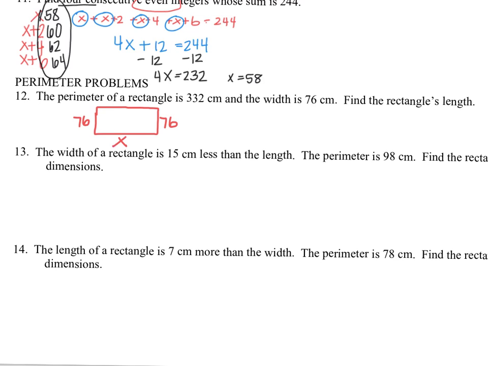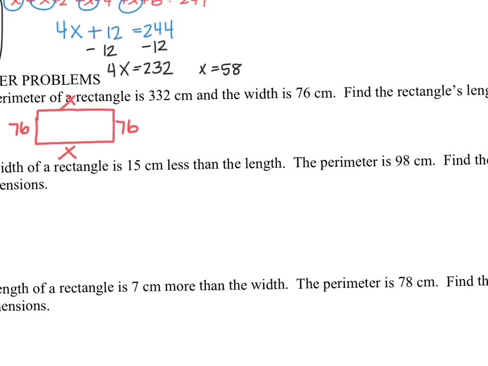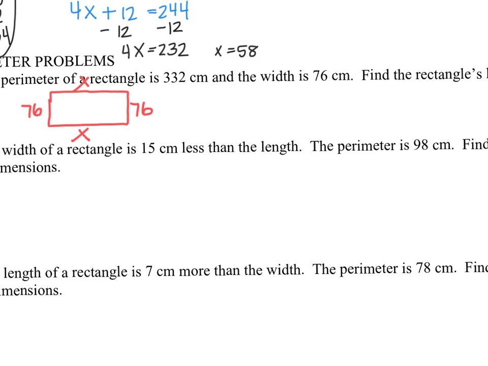We don't know the length, so both of those other sides are x. Perimeter we find by adding them all up. So we can write that 76 plus 76 plus x plus x gets us our 332.